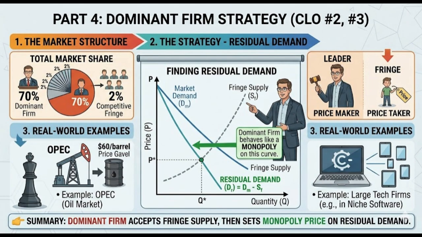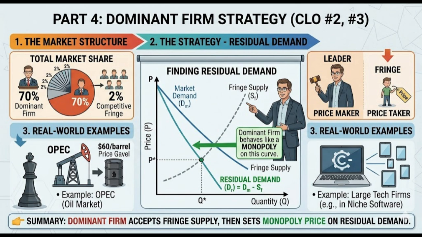Next topic is about dominant firm strategy. So now let's talk about this. A dominant firm. What is a dominant firm? This is a large firm that has many small competitors. Okay, how it works?